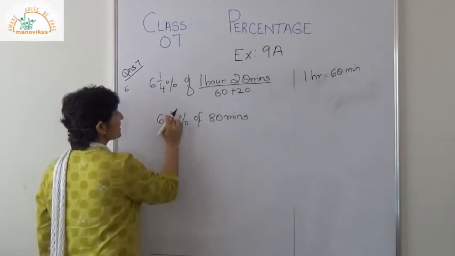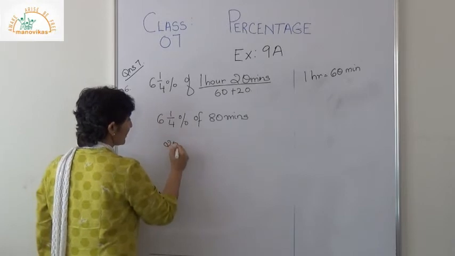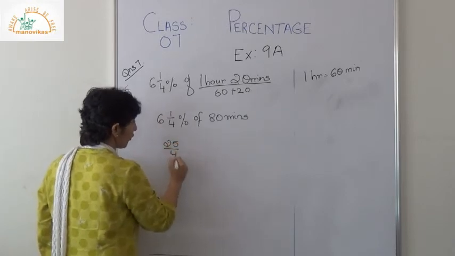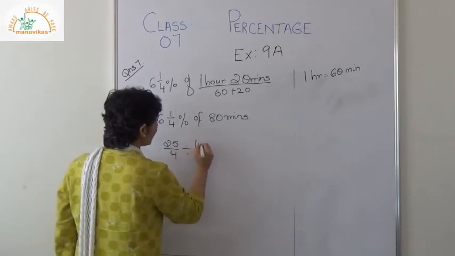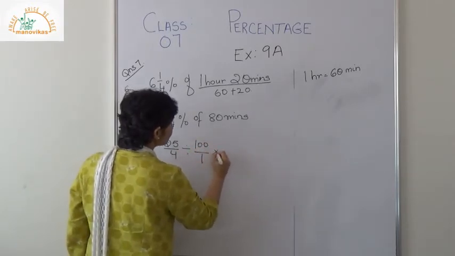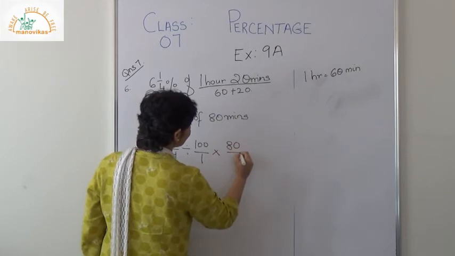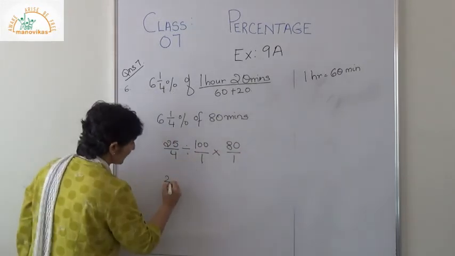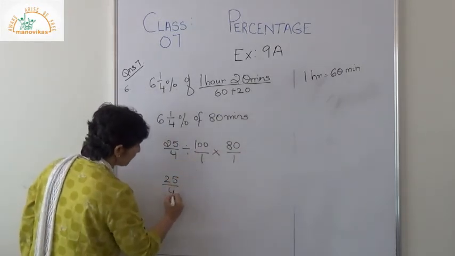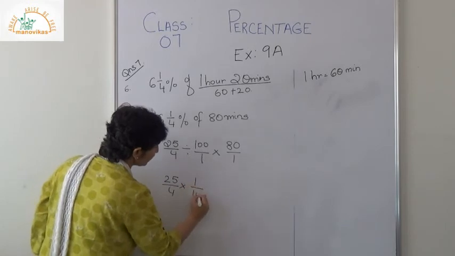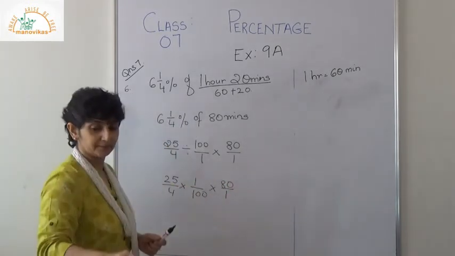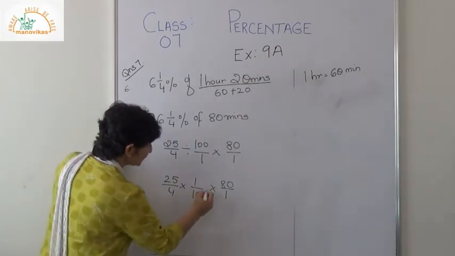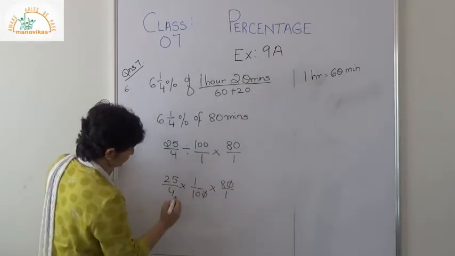Now let's convert. 6 1/4. 6 4s are 24 plus 1, 25 upon 4% means divided by 100. Of means multiply. 80 upon 1. So I get 25 upon 4 into 1 upon 100 into 80 upon 1. Now, this 0 gets cancelled with this.